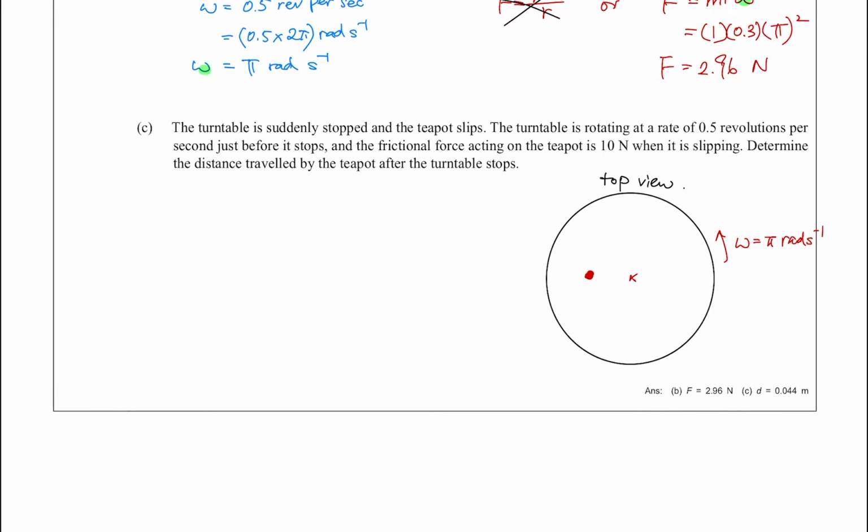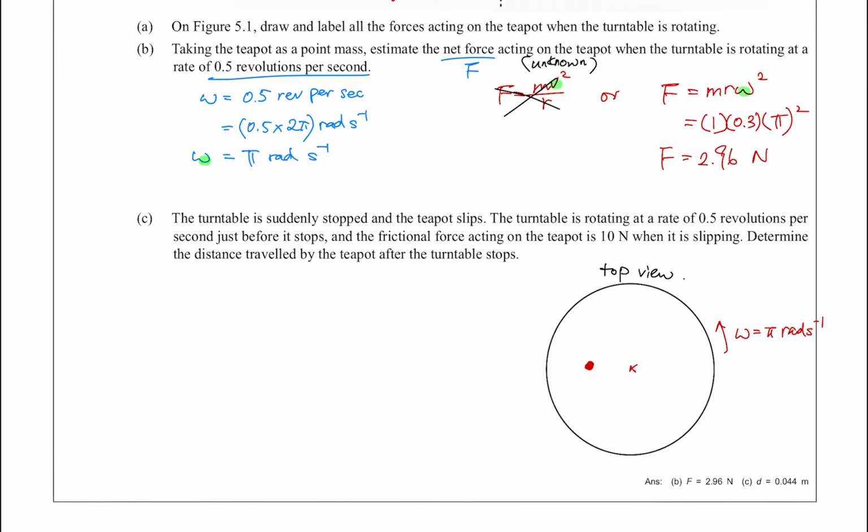Okay, part C. Part C is saying that the turntable is suddenly stopped and the teapot slips. Now let us take a step back. What is happening? I will show you using a top view of the turntable. So the turntable is turning. This is the top view. It will continue turning with an angular speed of pi radian per second.